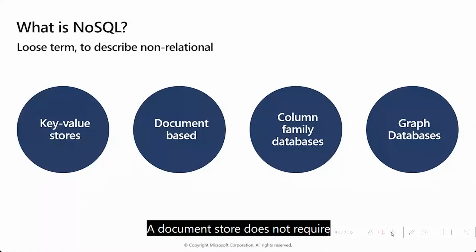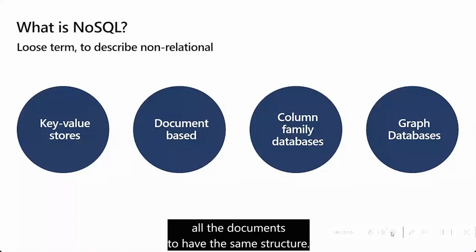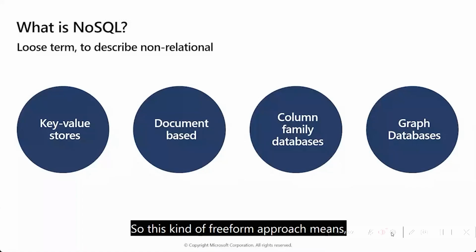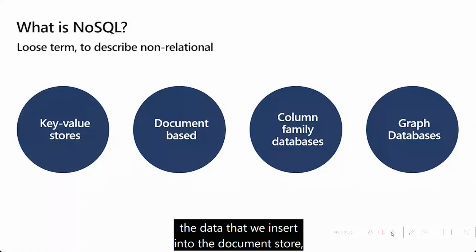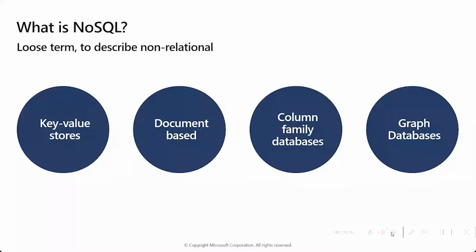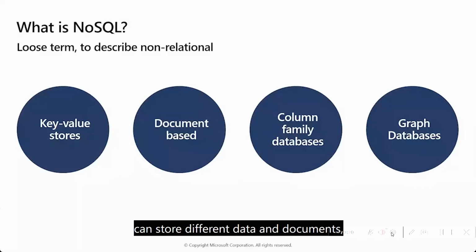A document store does not require all the documents to have the same structure. So this kind of free-form approach means we have a lot of flexibility in terms of the data that we insert into the document store. And applications can store different data in documents as business requirements change.